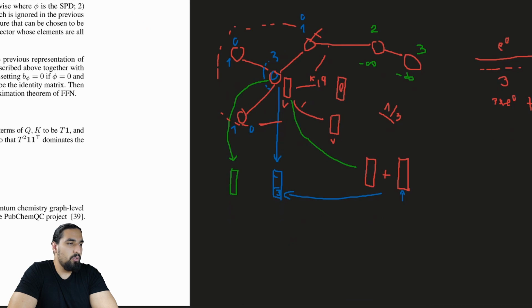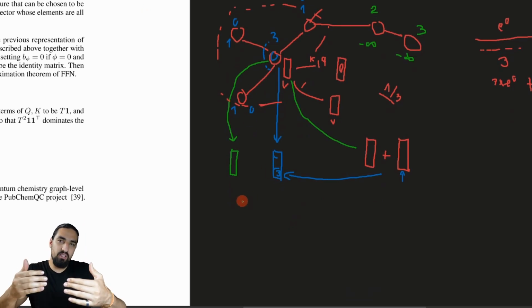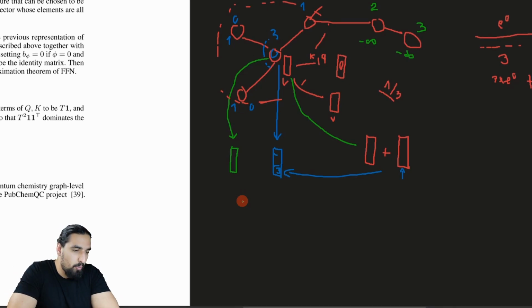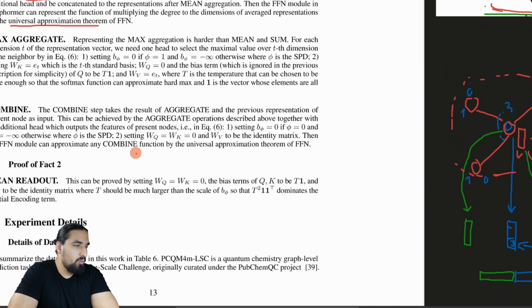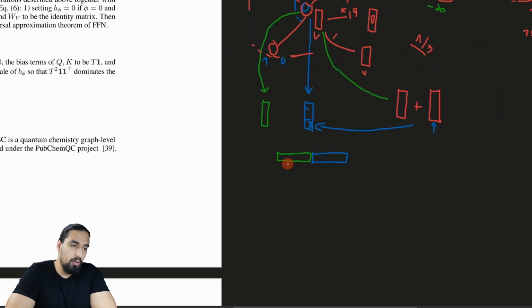And once we have that, we do the following. We basically concatenate, because if you remember how a transformer works, every single attention head will output a representation. Those will get concatenated, then we'll have some MLPs. So again, we'll have the mean representation, and we'll have the degree of the node. And then by the universal approximation theorem, these MLPs, given enough width and depth, can basically approximate any function.